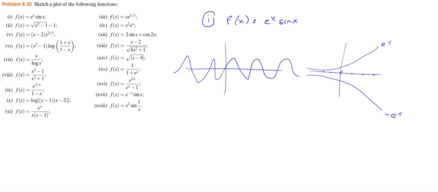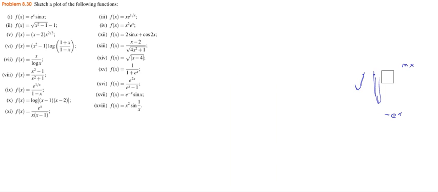So it will be something like this, and then it will oscillate, touching here, here, and down here, and you see how this goes. The same for the negative. So this is what e^x sin(x) looks like. You don't need to really compute anything about it. You just need to think about what this function means.